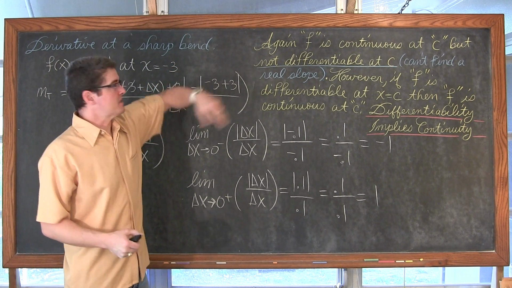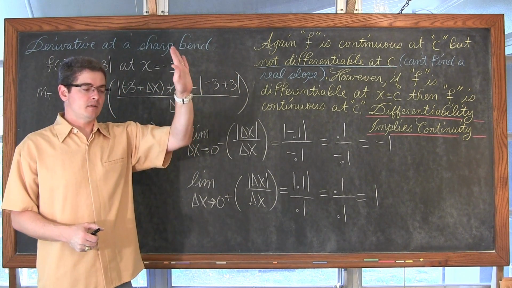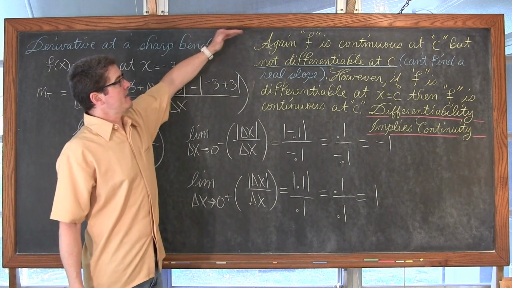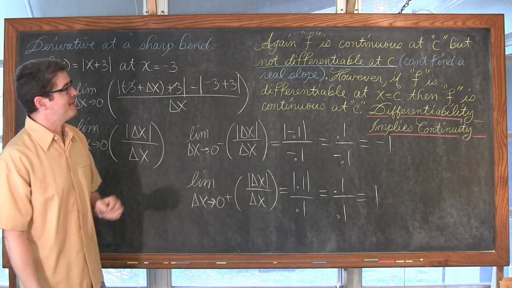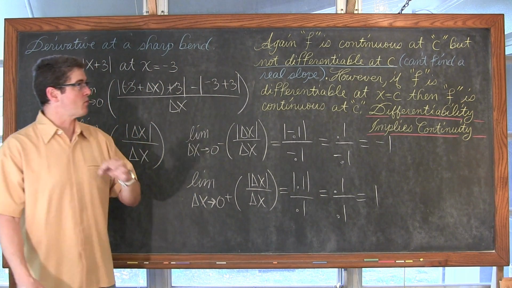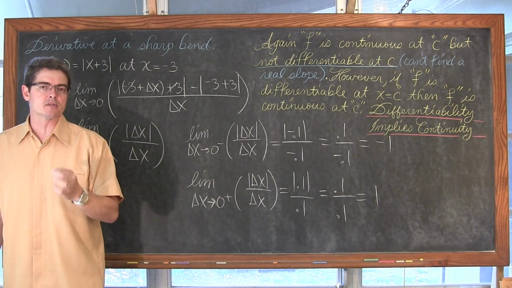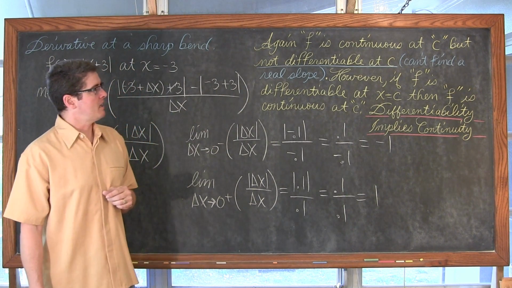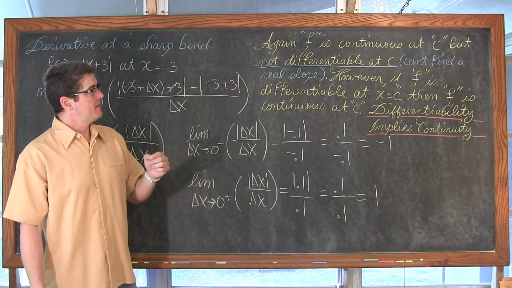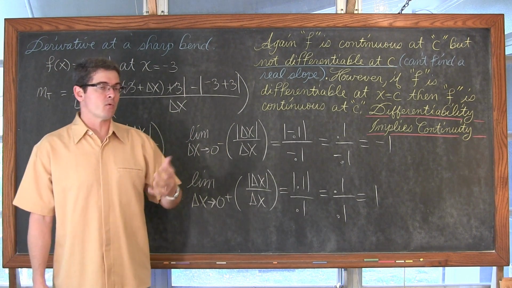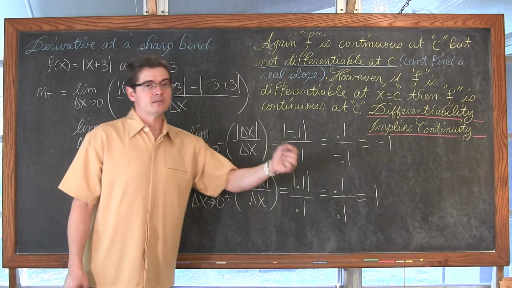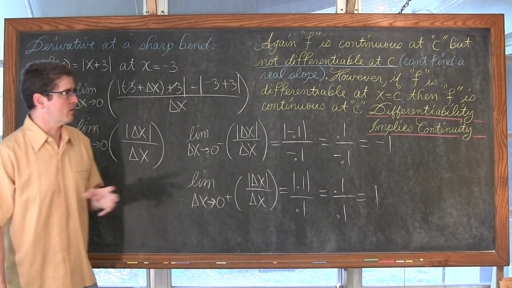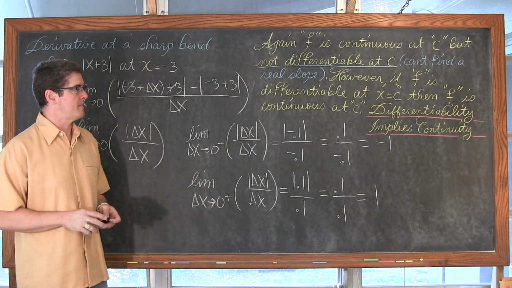Again, this was the second example with the vertical tangent line I just did, and this one here at the sharp bend: f is continuous at C, but not differentiable at C, or in other words, we can't find a real slope of the tangent line. However, if f is differentiable at C, then f is continuous at C, or in other words, differentiability implies continuity. Now we'll get to that proper definition of finding the derivative just after one more example.